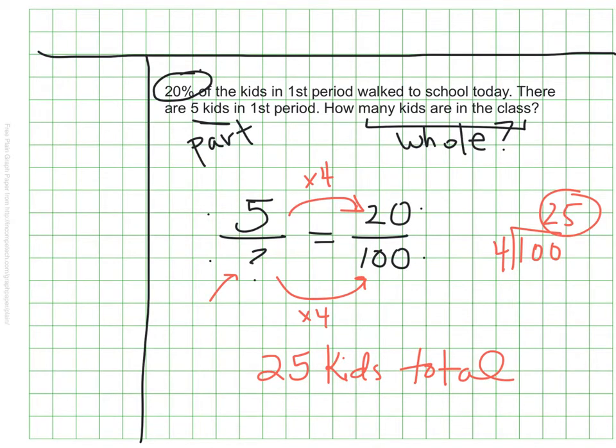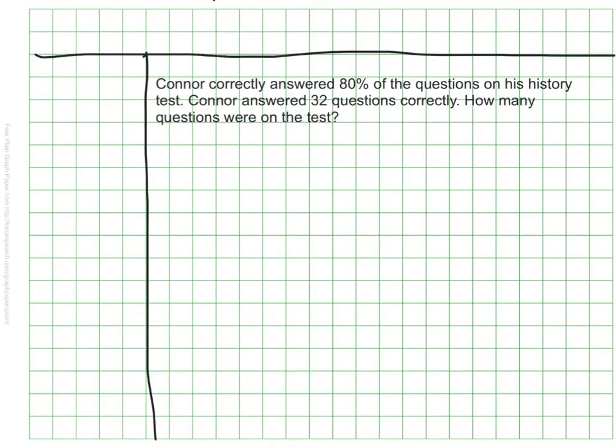Let's try another one. So in this case, I still want to set up my proportion, and I want to think about what I know and what I don't know. So I know that he got an 80%. So if I'm setting up my proportion out of 100, had there been 100 questions, he would have gotten 80 of them right. That's what it means to get an 80%. But he didn't answer 80 questions right. He answered 32 questions.